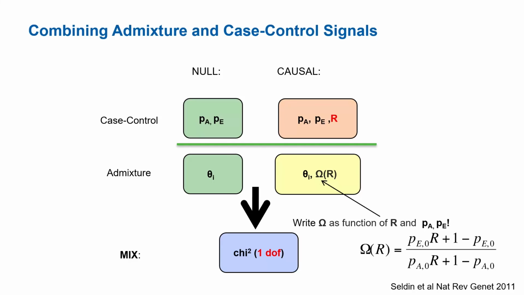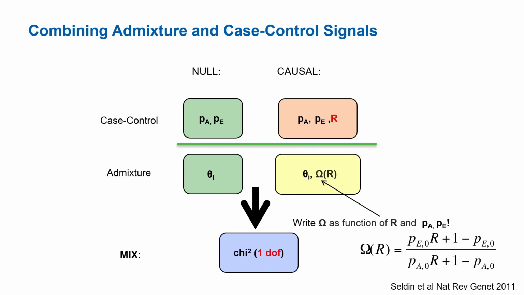The really interesting bit is that if you start writing down the math, under some very simple assumptions, you can write down the induced effect on the local ancestry if you know the effect size of the causal alleles. And with some very straightforward manipulations, you can show that the ancestry effect size is a function of the allelic effects of the causal SNP and the frequency. And it has this very nice and simple formula there.